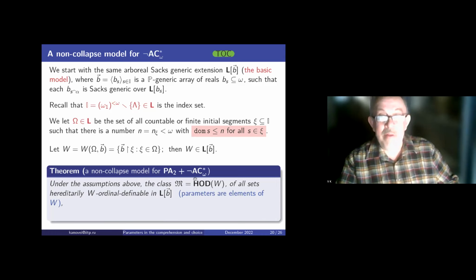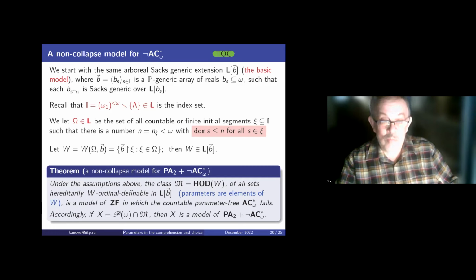And then it happens that if we take the hereditarily ordinal definable sets from this W, with parameters being elements of W, then it's a model of Zermelo-Frenkel in which countable parameter-free choice fails.